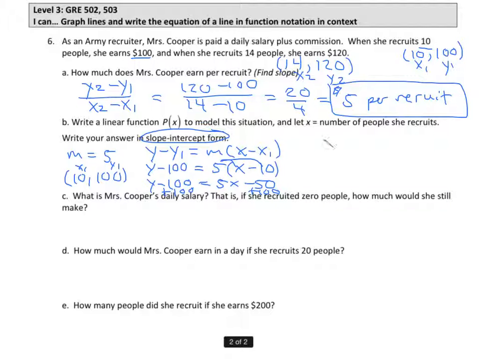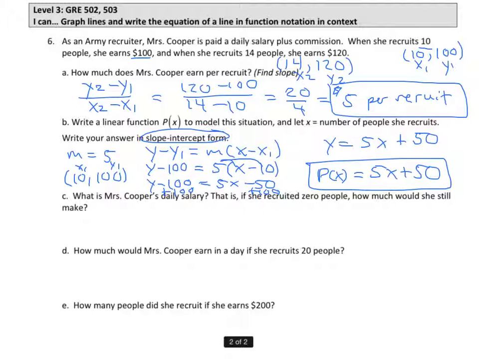And we get y equals 5x plus 50. And instead of y, I'm going to write p of x because I want this to be in function notation. P of x equals 5x plus 50. And that's my function. So I could use this function to figure out how much money she would make for any number of recruits.